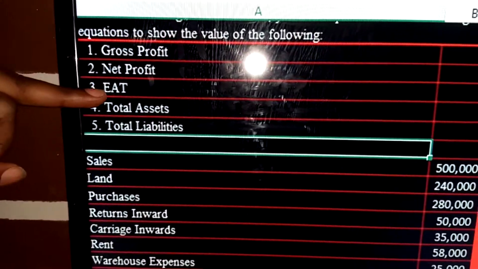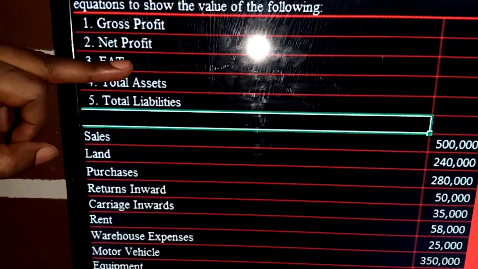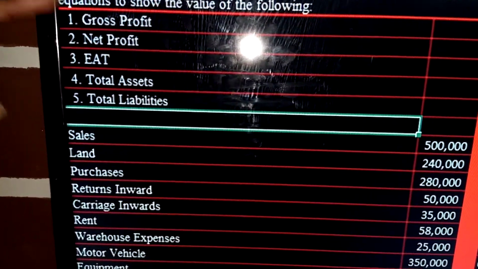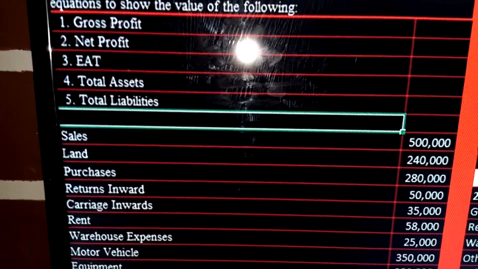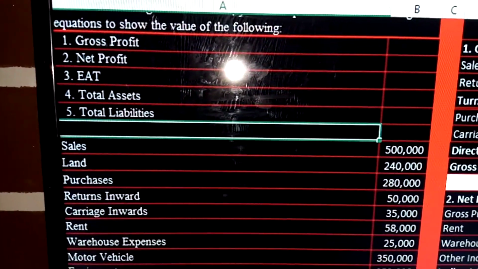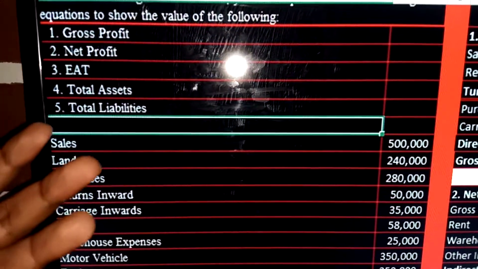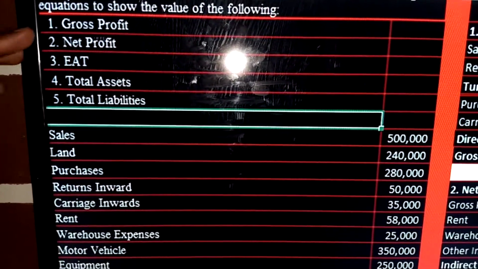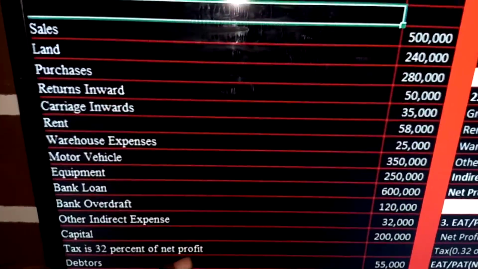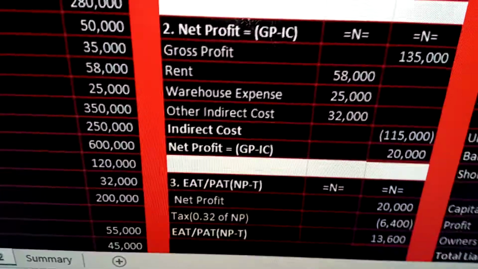The next one here says earnings after tax, which is known as profit after tax. And what's our tax? Remember, what is earnings after tax? It's simply net profit minus tax. Okay? So what's our tax? They say our tax is 32% of net profit. So let's go.